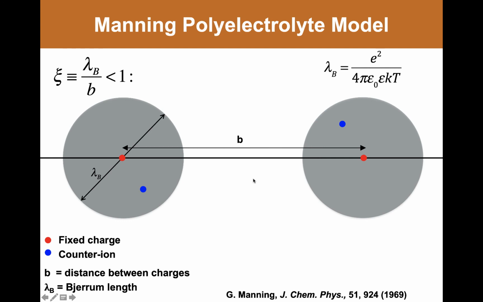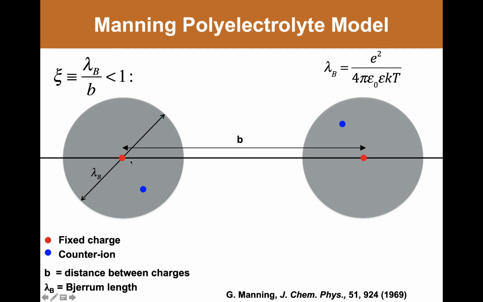Now, this model has one parameter in it, the so-called Manning parameter, which we write with the Greek symbol xi, and it is a ratio of two length scales. You'll see b appearing in the denominator of this expression. The top of the expression is lambda sub B, the so-called Bjerrum length.